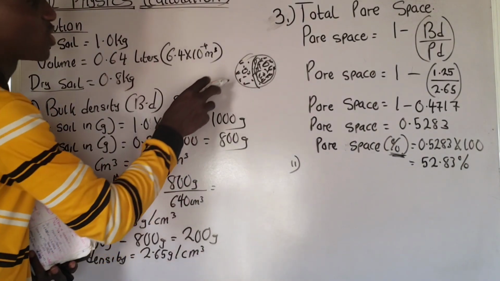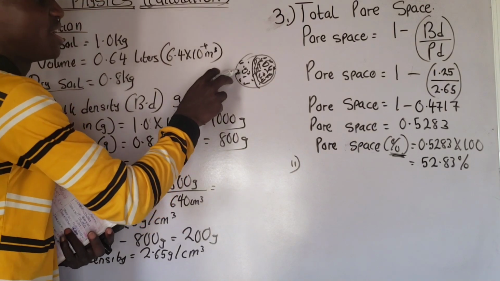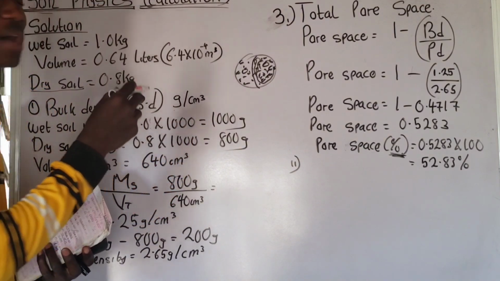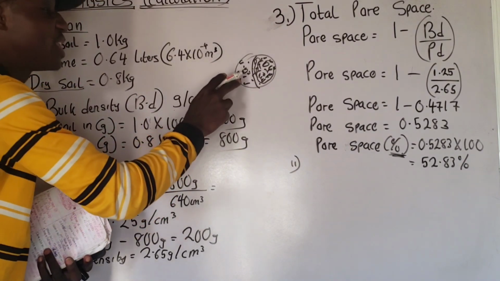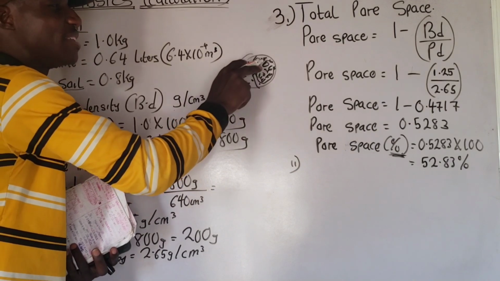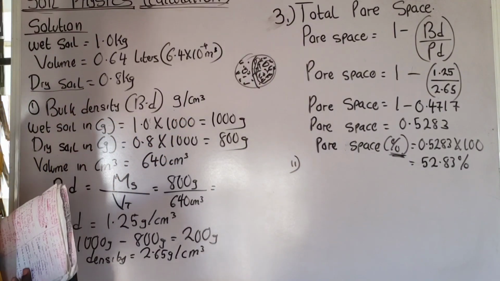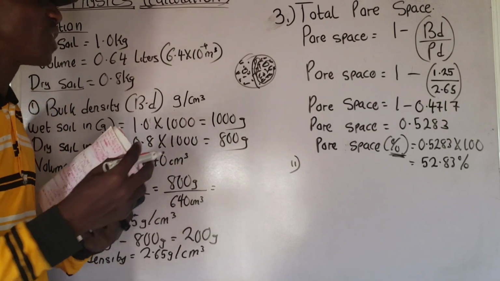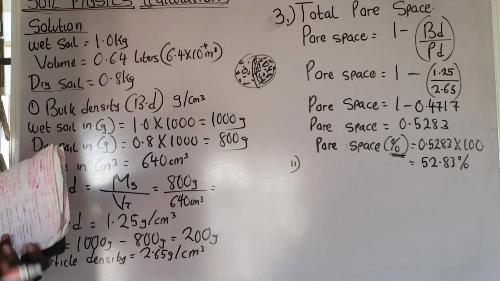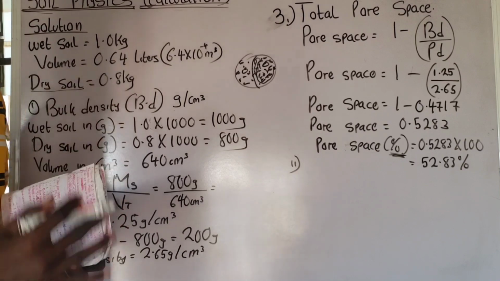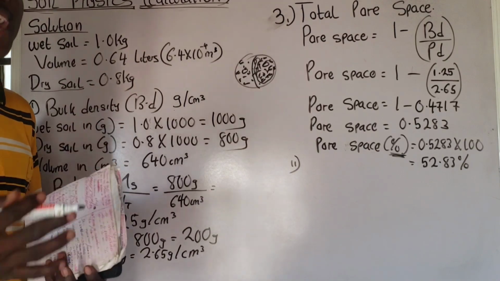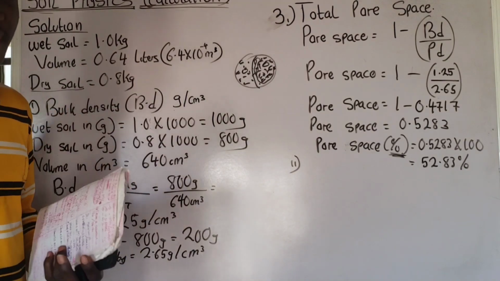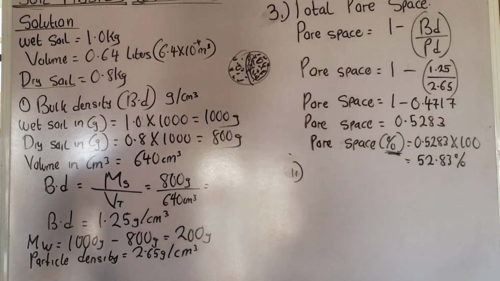So even though this space is not occupied by water or air, the combination of this space in the soil and this space in the soil is what we call void space. You understand? So the void space is the larger term. It encompasses both the pore space and those spaces that are not occupied by either water or air. Please kindly pay attention.